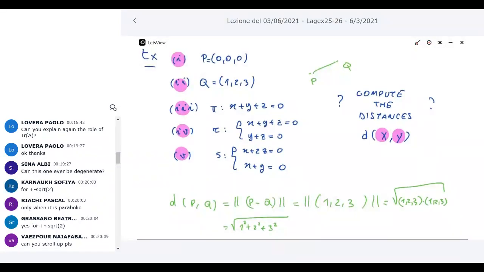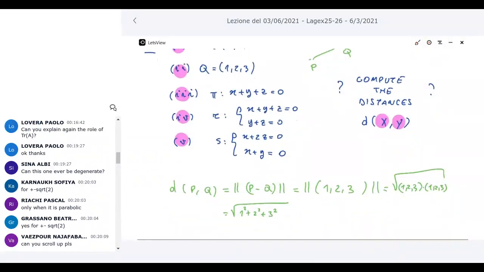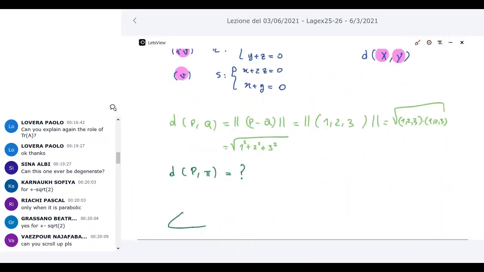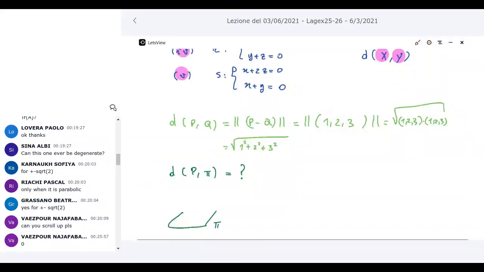Then the next step is to compute, for example, the distance between P and pi. So let's see what is the distance between point P and plane pi. So what do you get here? And remember, to find the distance between a point and a plane, you have two ways.